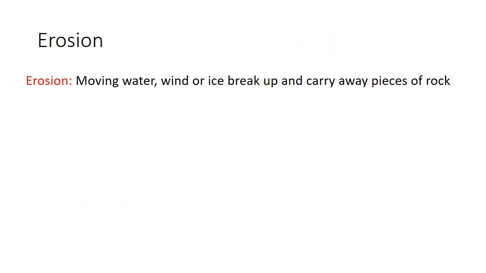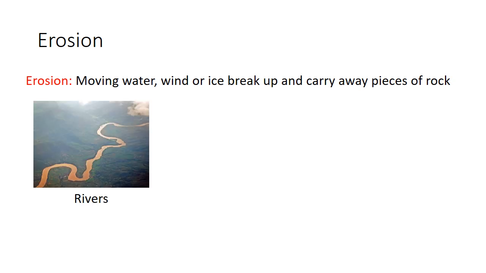The first, erosion. Erosion is when moving water, wind, or ice break up and carry away pieces of rock. Examples. Here is a river full of sediment. It got this sediment from erosion of the land.